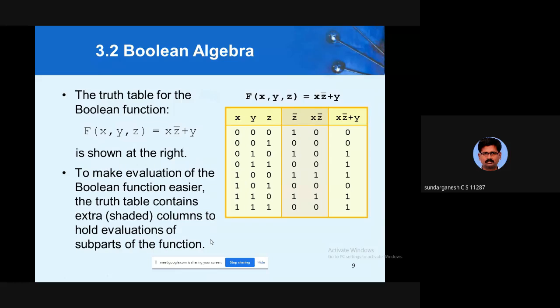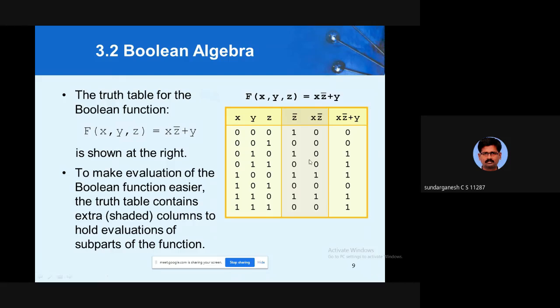So first you take z bar. It is the complement of z. So whatever z values are available, just complement them. Next one is x z bar. After complementing, you multiply with x. So 1 into 0, 0. 0 into 0, 0. Only when it becomes 1 into 1 do you get a value of 1.